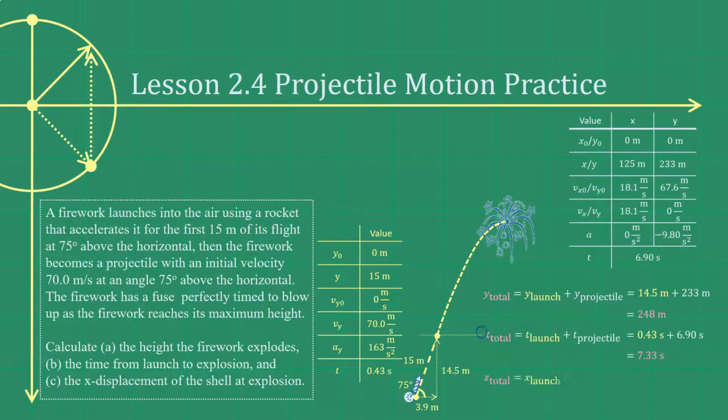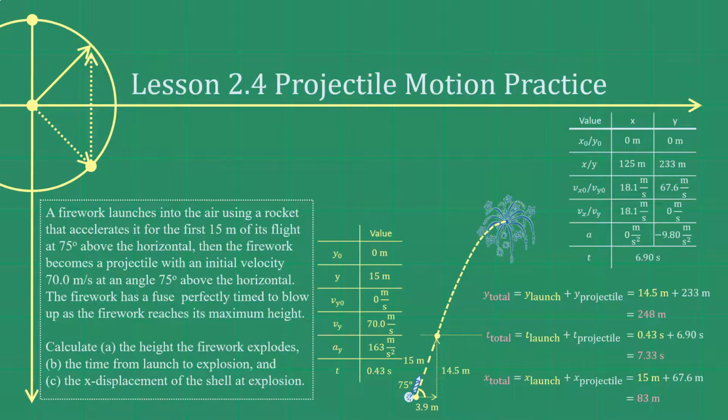And finally, what about my total x displacement from where it was launched to the x position underneath where the rocket exploded in the air? Well, that's the same sort of calculation: 15 meters plus 67.6 meters for a total of 83 meters. And I've completely solved this problem for all of the relevant values.